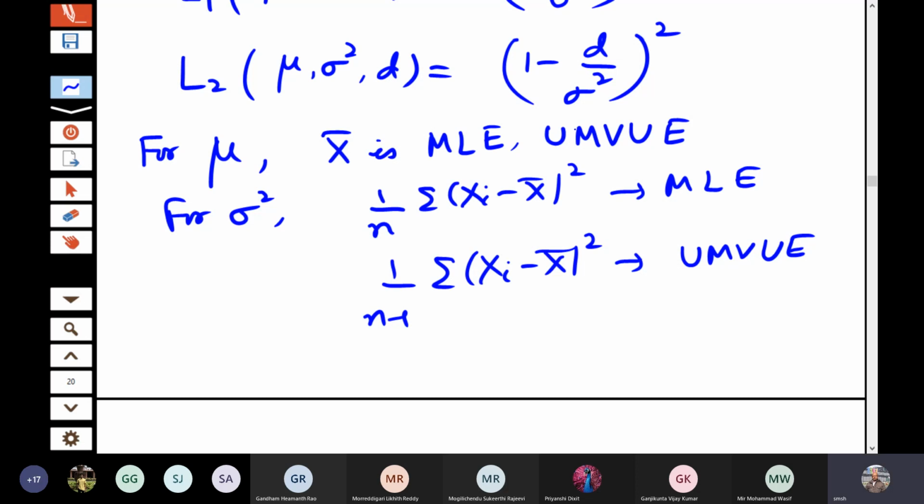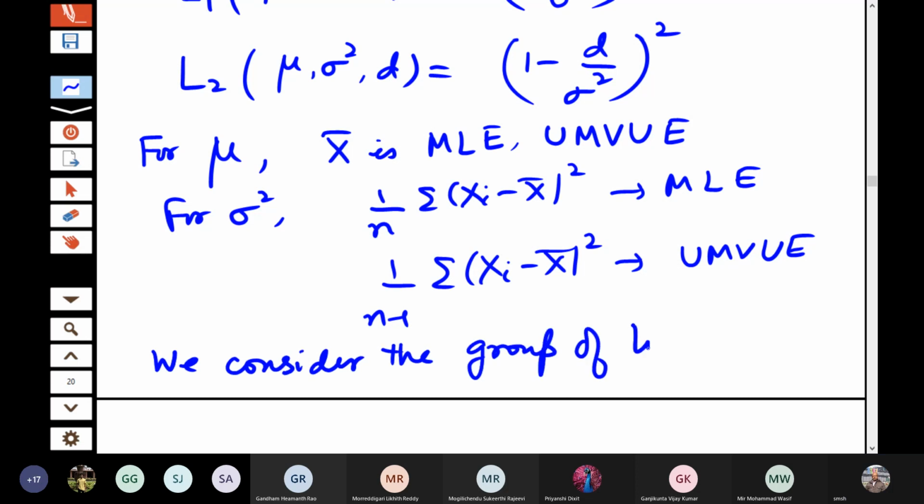That means under any linear transformation, the distribution of the random variable remains normal with modified mean and variance. So that gives us the idea that we should use the group of linear transformations here. So we consider the group which we actually call affine.